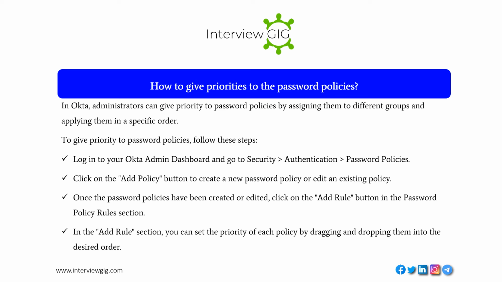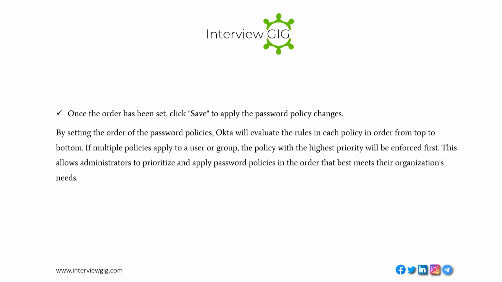Once the password policies have been created or edited, click on the Add Rule button in the Password Policy Rules section. In the Add Rule section, you can set the priority of each policy by dragging and dropping them into the desired order. Once the order has been set, click Save to apply the password policy changes.